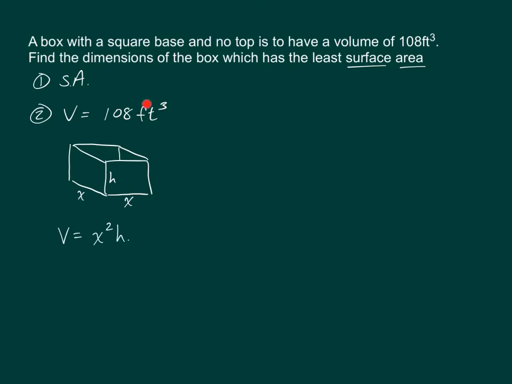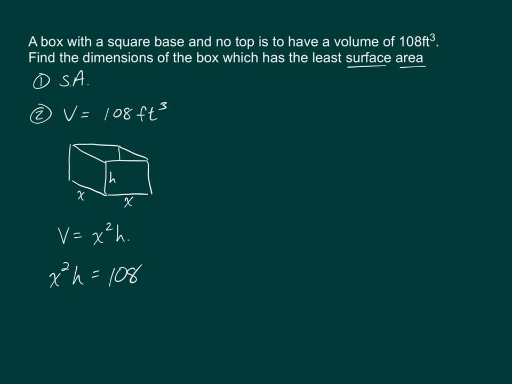And I can remember back here I have this volume and this volume. So if we know the volume is 108 cubic feet and the volume of the same thing is x squared h, then I can write this new equation right here, that x squared h equals 108. And I'm going to forget about the cubic feet for now, but at the end we will bring these units back.